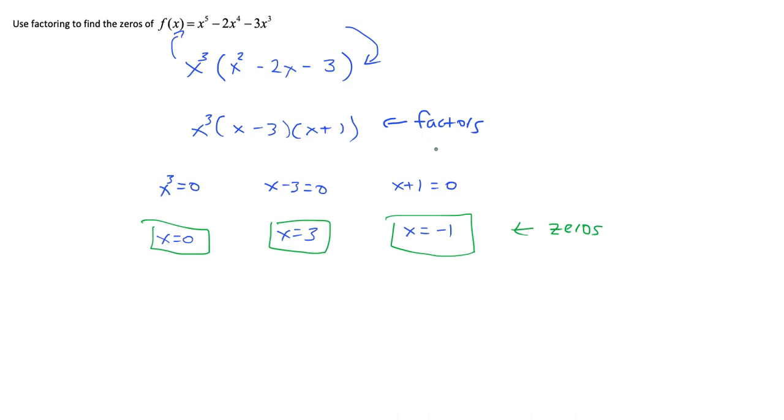Let's take a look at this a little bit more carefully. We know that this is a fifth degree polynomial, so there should be 5 zeros. We only have 3 here, so what really happened? This exponent, this x cubed, tells us there are actually 3 x's. x cubed is really x times x times x.